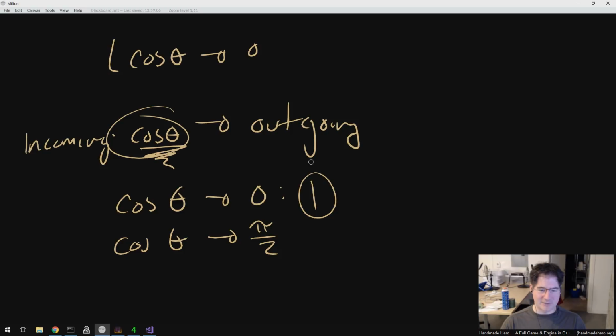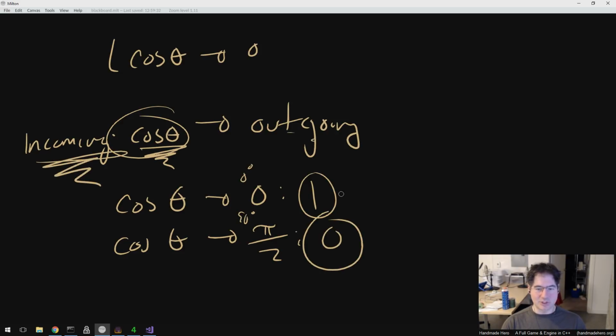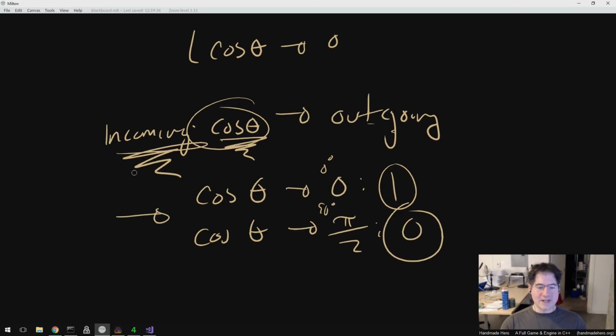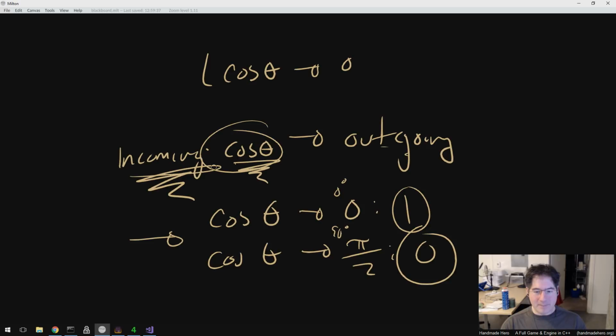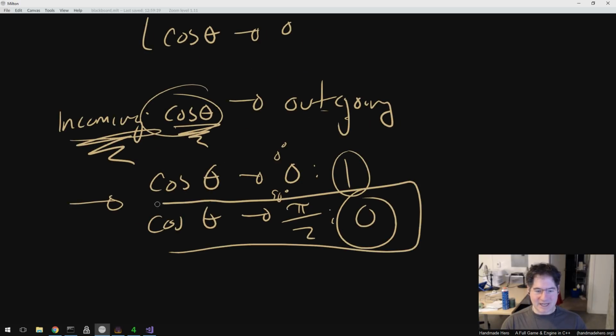I wrote pi over 4 because I'm used to tau, but I'll stick with the standard notation for radians. So if the angle was 90 degrees instead of 0 degrees, then the cosine is going to be 0, which means that none of the incoming light will go into outgoing. Okay?